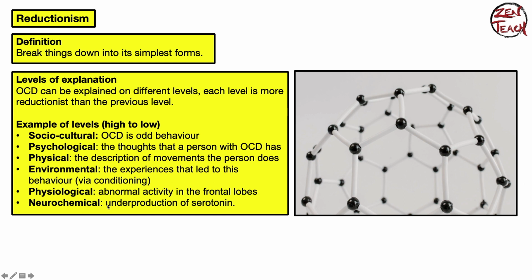A biological foundation for OCD is that people with OCD tend to have an underproduction of serotonin. So the idea now is, what if we give serotonin to people with OCD? Turns out OCD is either eliminated completely, or the effects become milder. So you can treat OCD with supplementing serotonin.